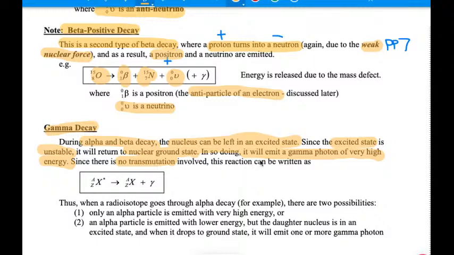So our reaction can be written with this. Keep in mind we got this little asterisk here denoting we have an excited nucleus, and we're losing that excited asterisk, right? So really focus in and remember to include your little asterisks.